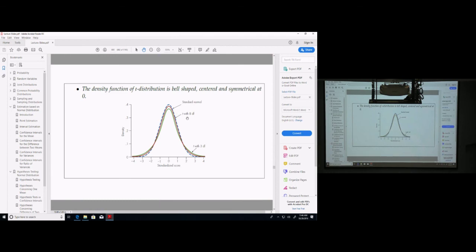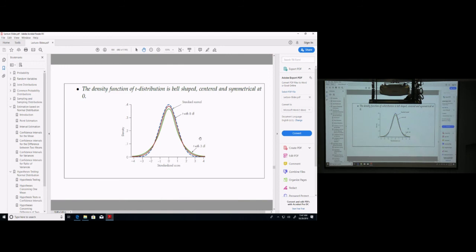But the graph might help. So if you plot the density function of the t-distribution, first of all, the t-distribution is symmetric at 0. All right, it's the same as the normal. The green one is degree of freedom 3, the blue one is the standard normal, and the red one is degree of freedom 8.